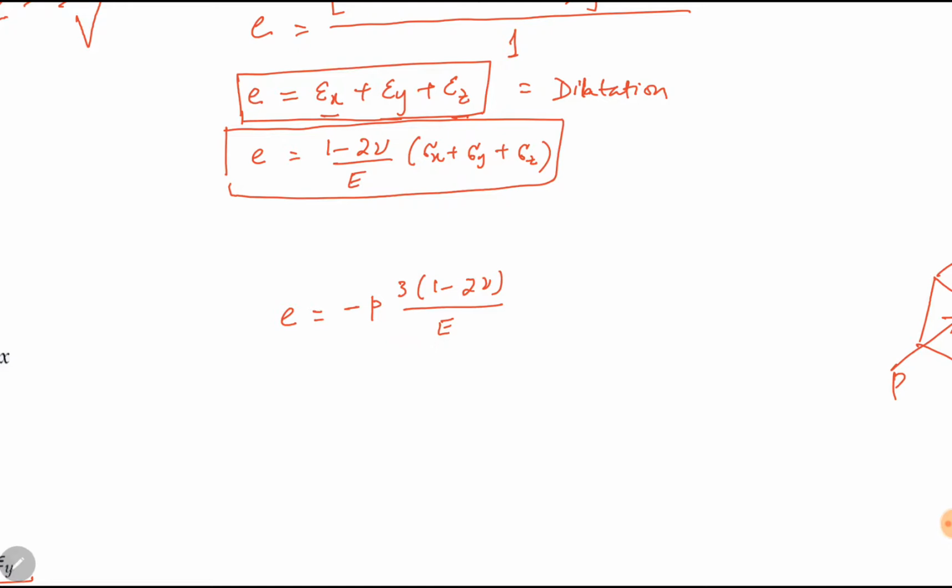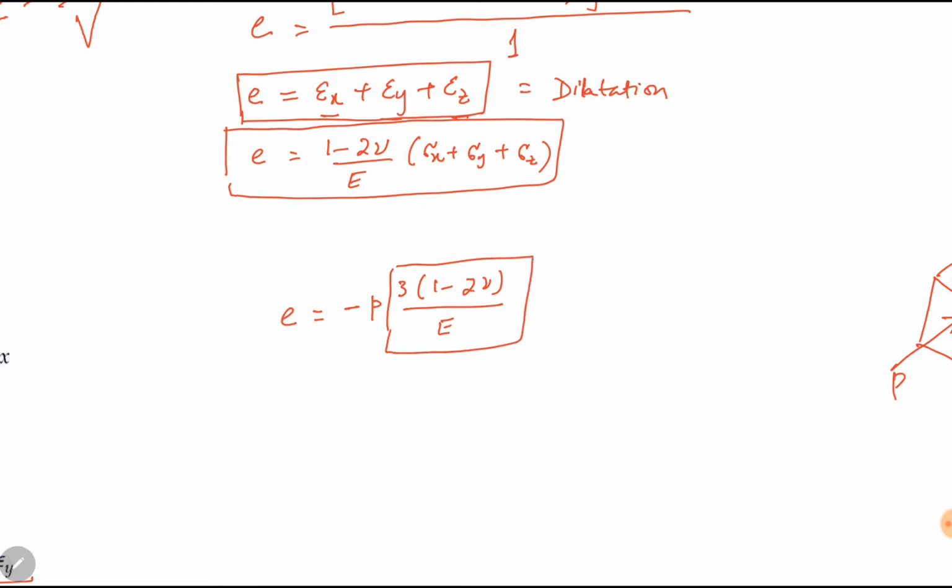E is constant, it is modulus of elasticity, a material property. Nu is Poisson's ratio, it is a material property, it is constant. The other terms are digits like 1, 3, 2, they are all constant. So this term is a constant term.